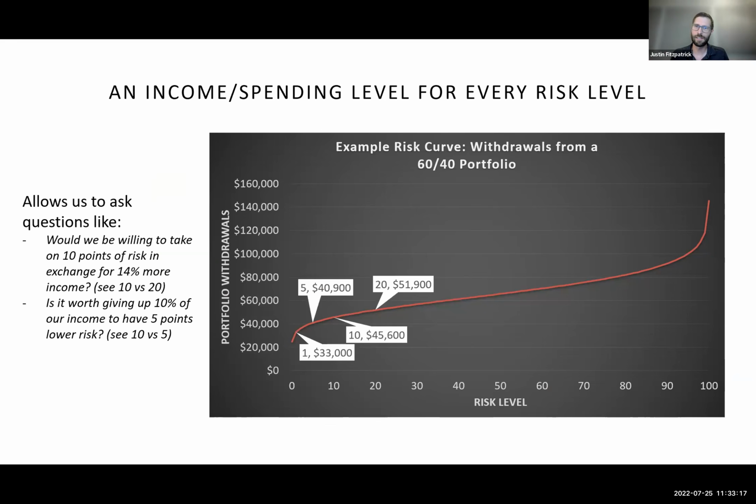So if we could accept going from a risk of 10 to a risk of 20, in this case, somebody could have gone from 45,600 to 51,900 in annual withdrawals. So this shows the trade-off between risk level, probability of failure and success, and income level.